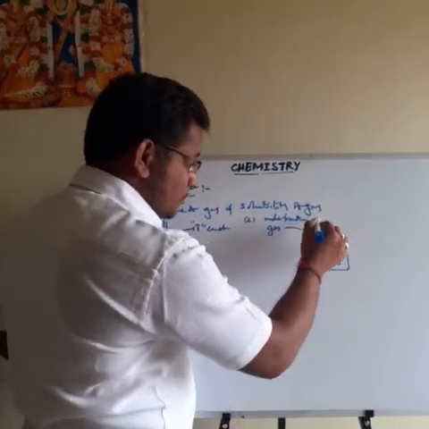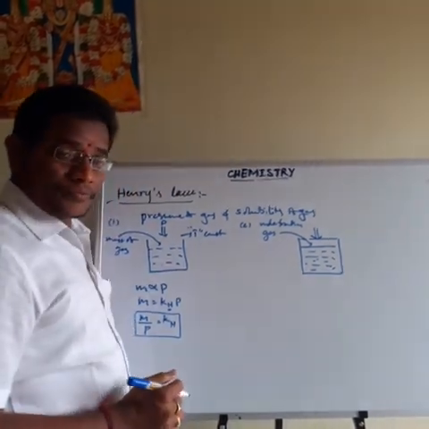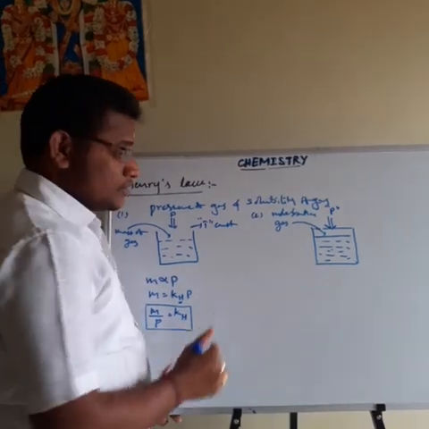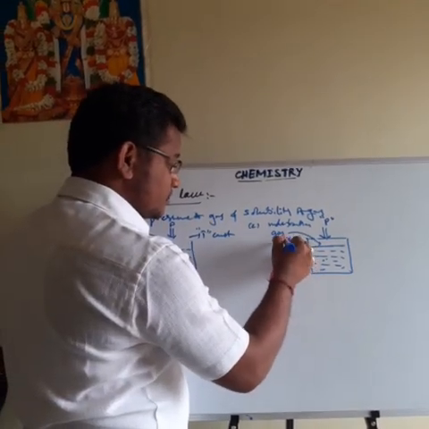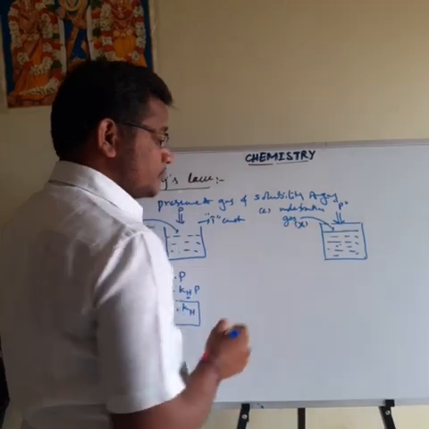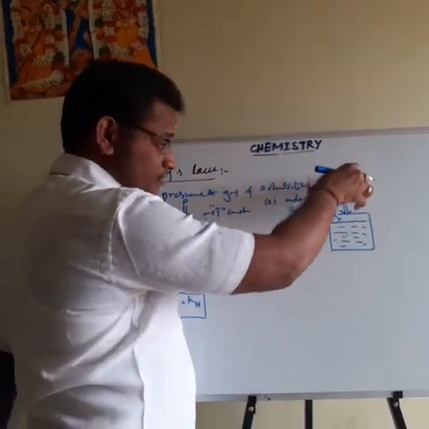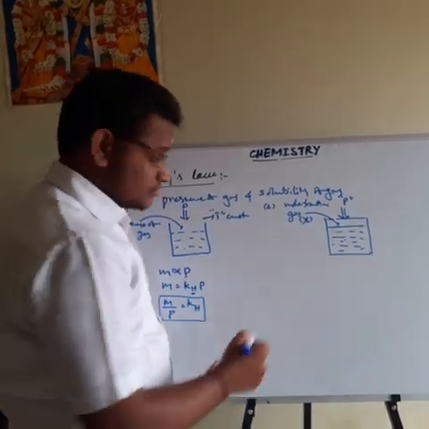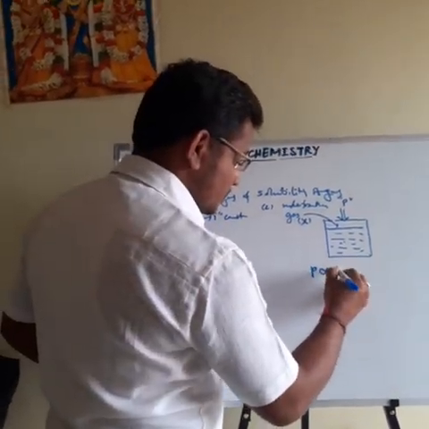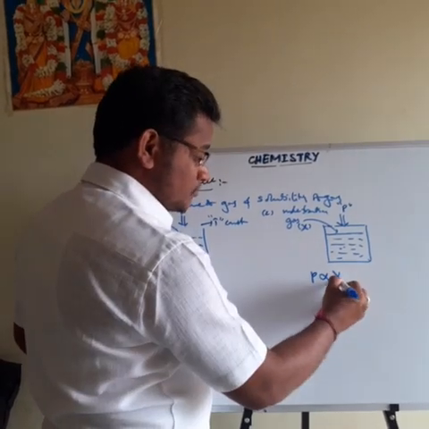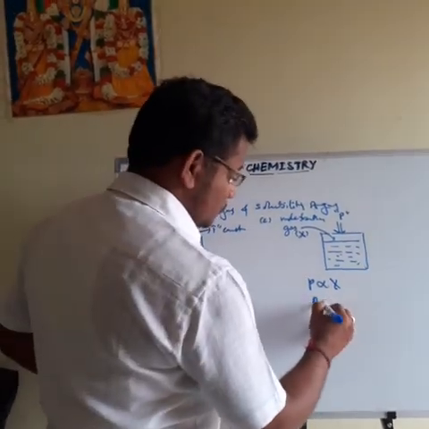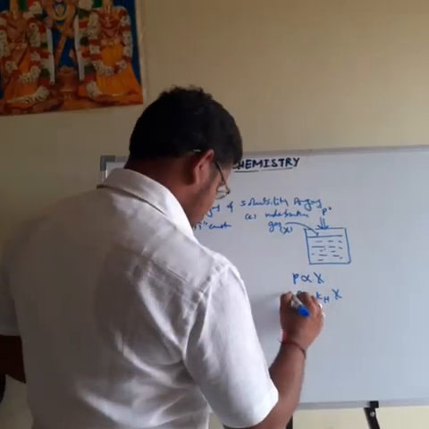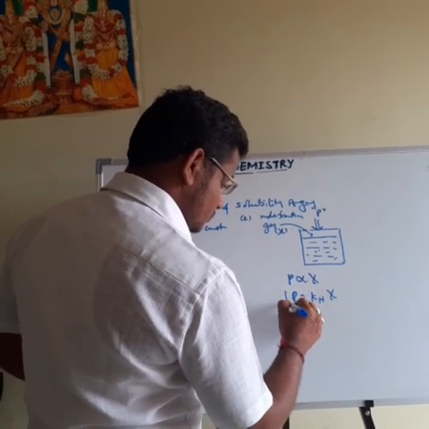That means the partial pressure of the gas in the vapor phase is directly proportional to the mole fraction of the gas, xi. That's why P is directly proportional to xi, where xi means mole fraction. Then P is equal to Kh into xi.